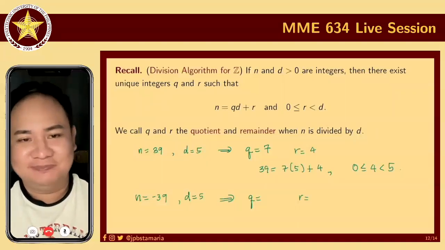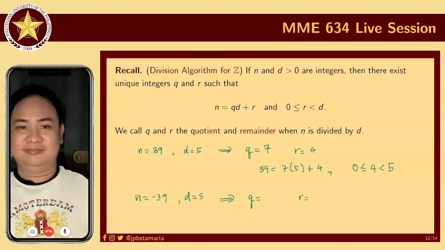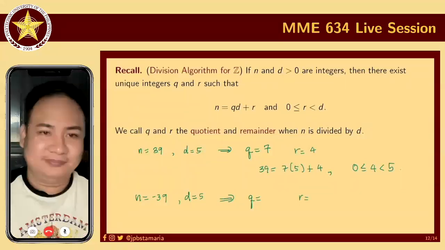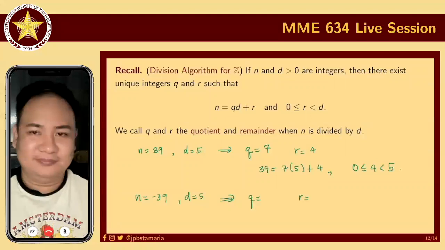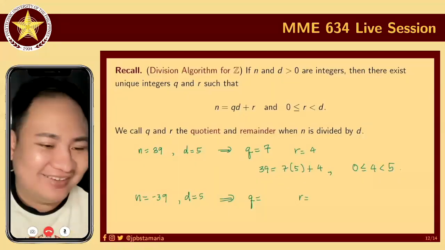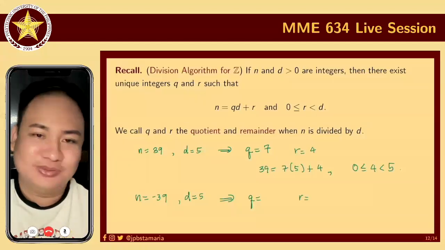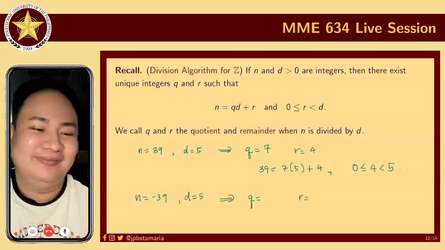Ano ang Q? Wala, nalito na. Nag-negative lang, nalito na. Kasi when we were younger, we were not taught how to divide a negative thing, di ba?